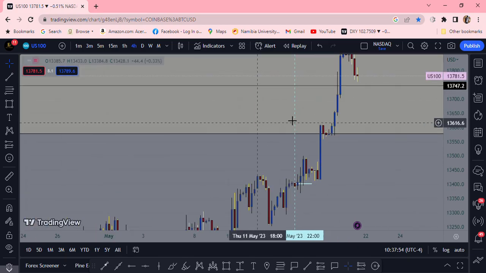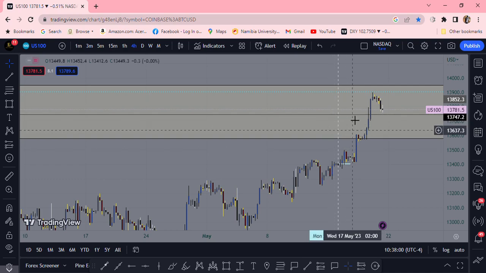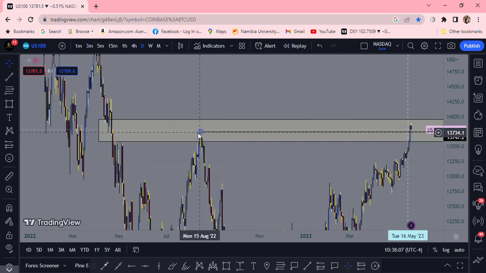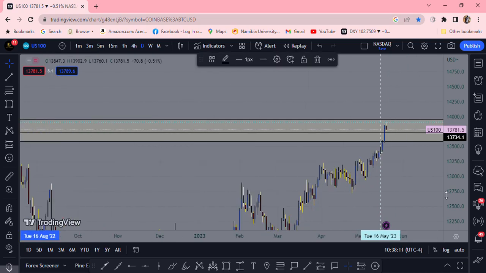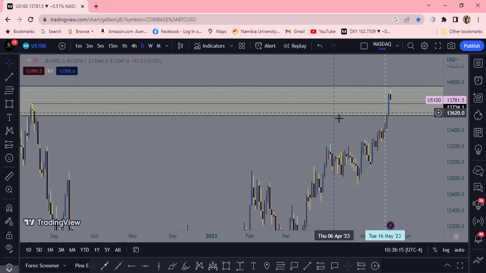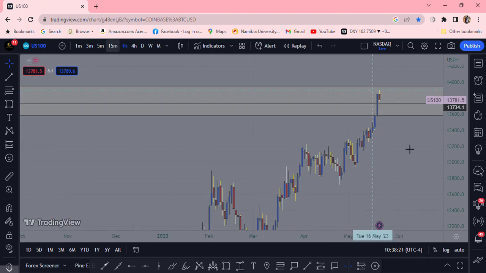My target on the daily has always been 13,757, the daily high, the one I marked here. That was my target for the week. No matter what, I was saying that price is likely to go take out those buy stops, the daily high. So on the 15 minute time frame.